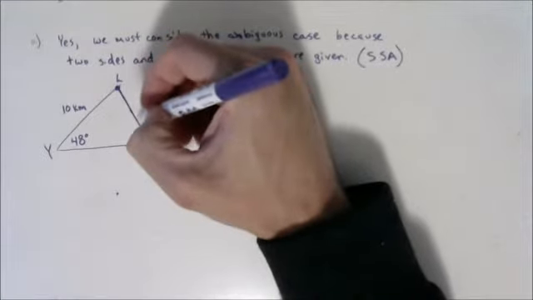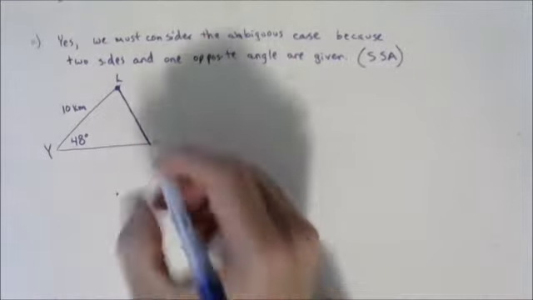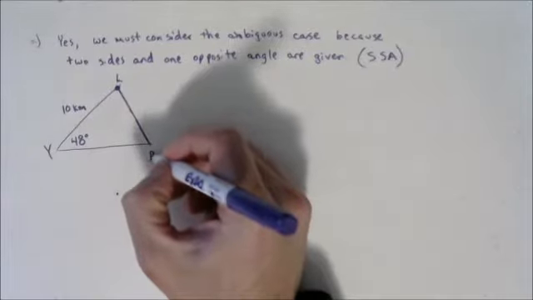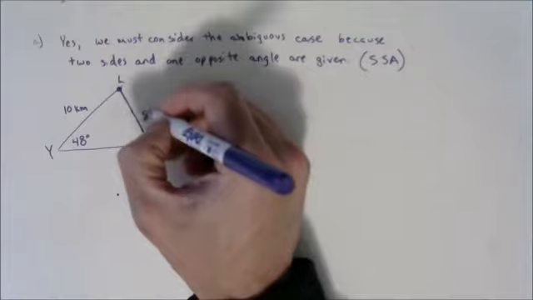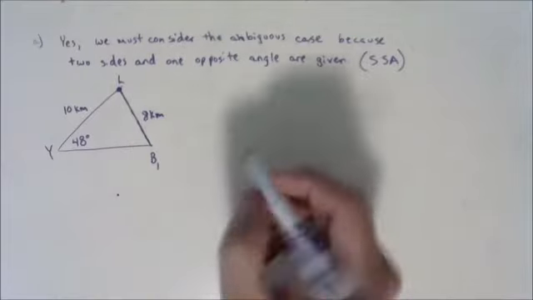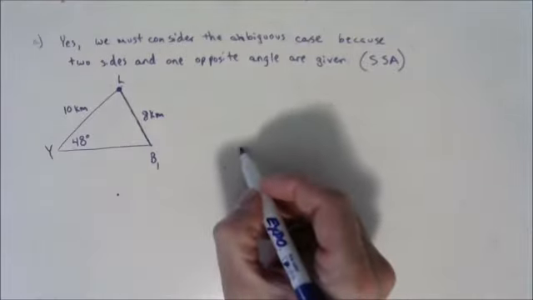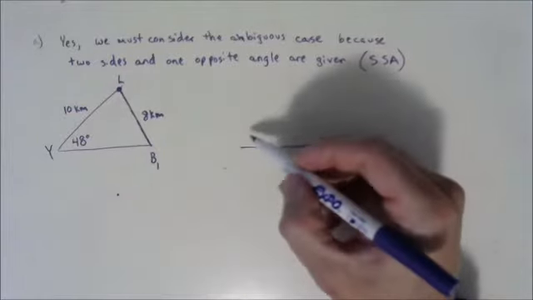We're going to draw two separate triangles. So we're told that this is the first possible position of the boat. We're going to call it B1. This length is 8 kilometers. And over here I'm going to try to draw the exact same situation.